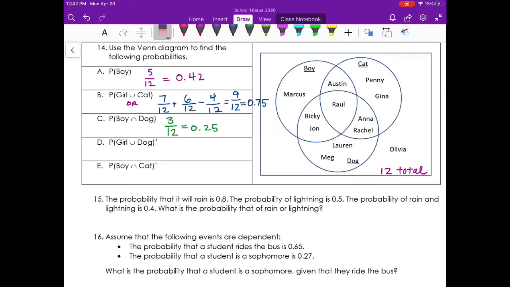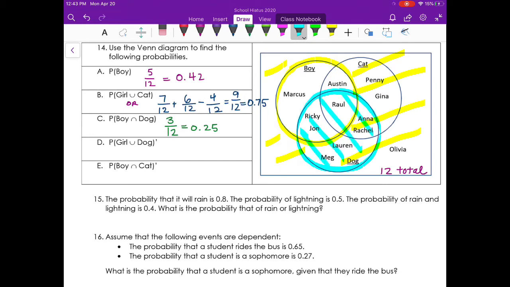Next, we have the probability of the complement of girl union dog. So this means that we're talking about everything that is not in the union of the girl group and the dog group. So again, girls are everything outside of the boy category. And then the dog category is here. And so we're talking about everything inside of that.